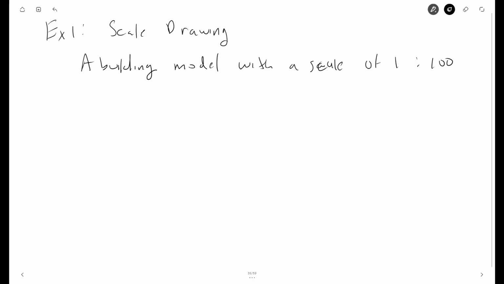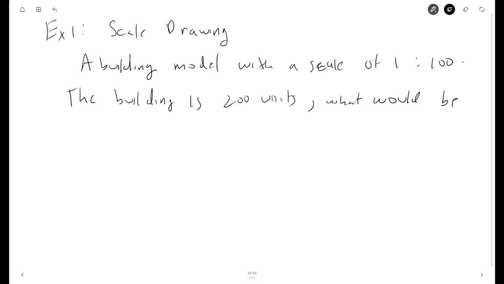The building is 200 units. What would be the model measurement?